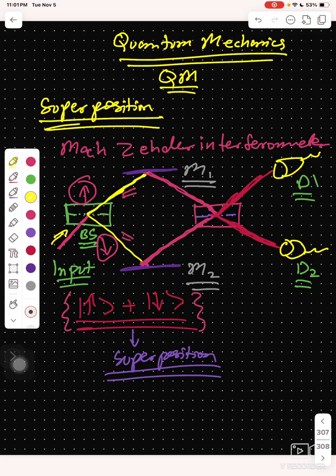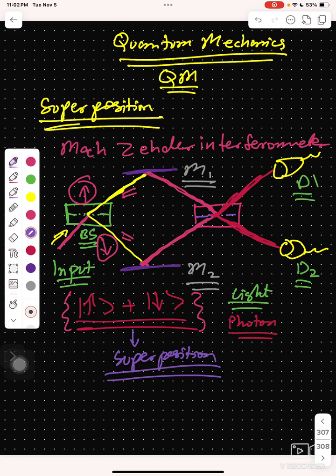So first of all, let's imagine this light beam is a single photon.